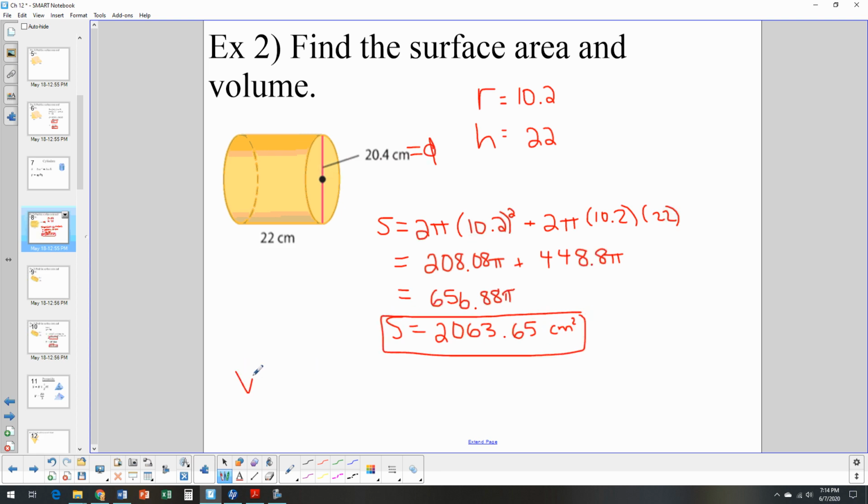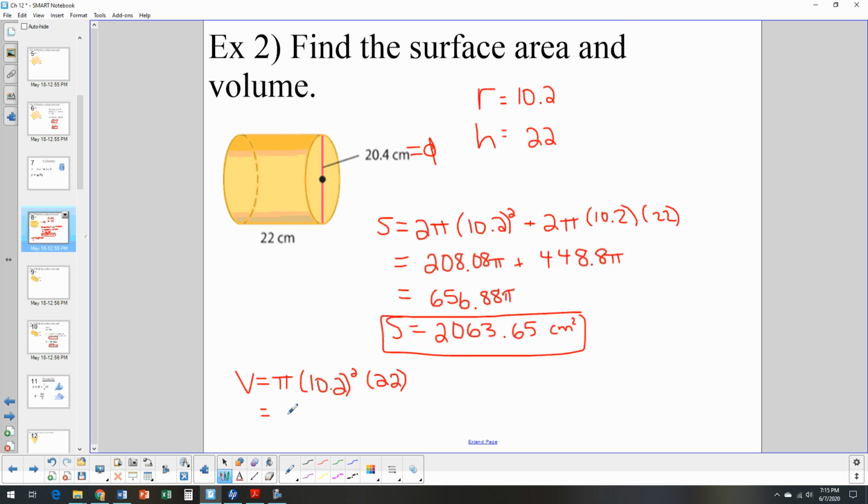All right, again, volume is going to be a little simpler, pi r squared h. So that's pi times 10.2 squared times 22. So I'm going to make sure I square my 10.2 first, then multiply it by 22.